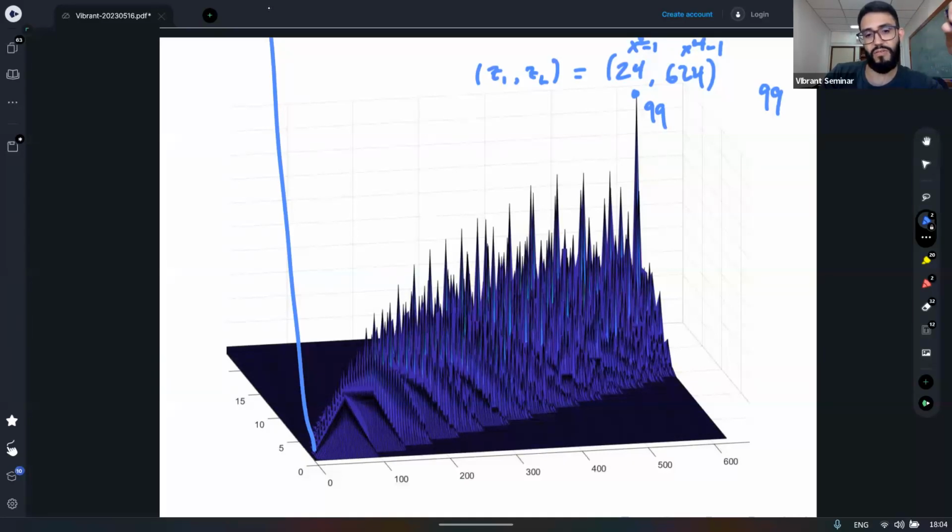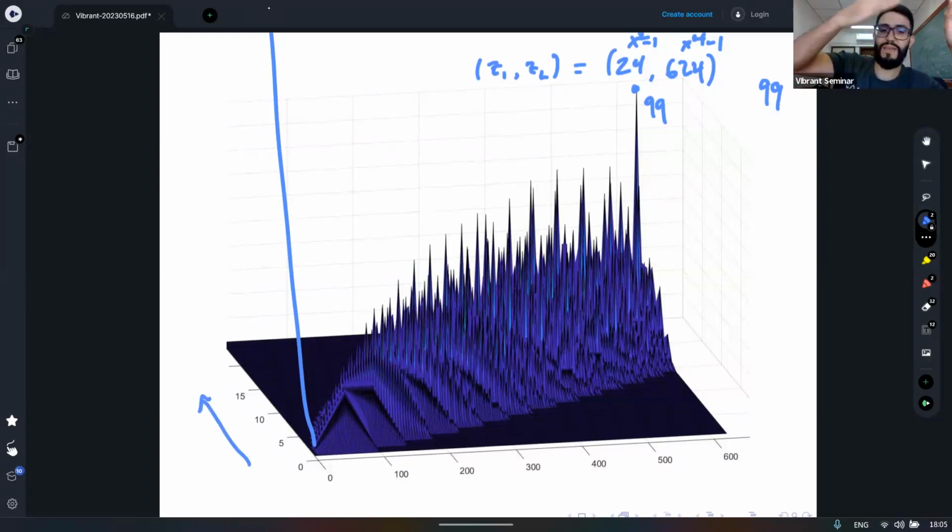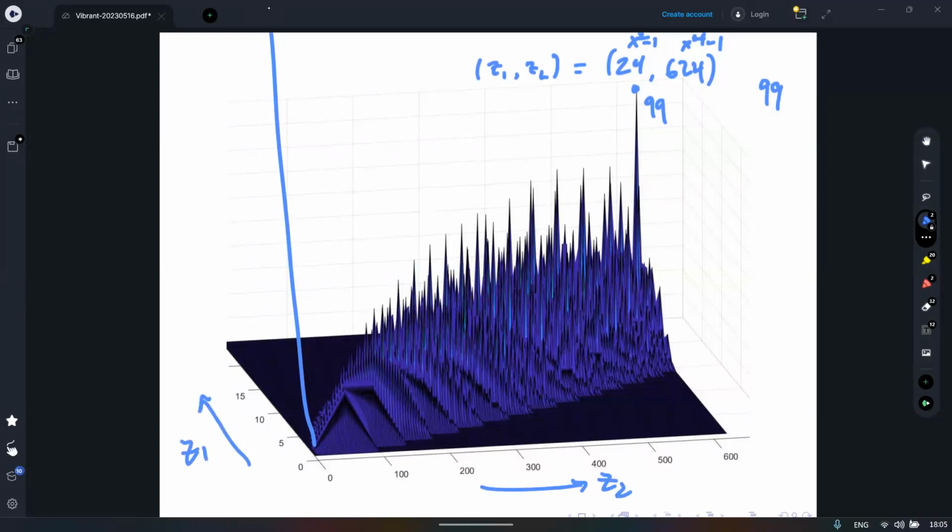Yeah, in here it looks like if you fix Z1 plus Z2 squared, I guess, since you're plotting Z1 against Z2 squared, there's sort of a symmetry. Yeah, I agree. It looks like there's some line right here, right?